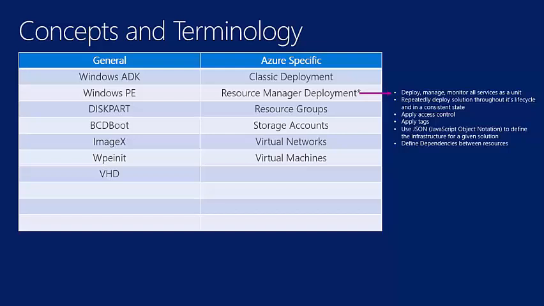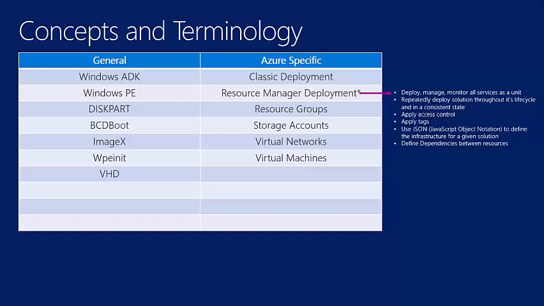On the Azure specific side, I want to start with a couple of different ways we think about provisioning or deploying in an Azure environment. First, there's classic deployment, right? Then there's resource manager deployment. And you'll see throughout the Azure console, whenever you build new items, you'll have a choice: use the classic model or use the resource manager model.